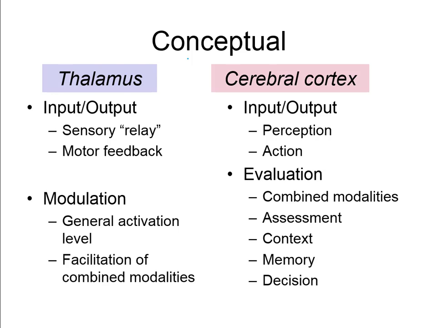So when we think about them conceptually, we want to think about cortex first, because that's what you can get your hands on in a very straightforward way. It is the point of awareness of input and action for output that is voluntary. Okay?